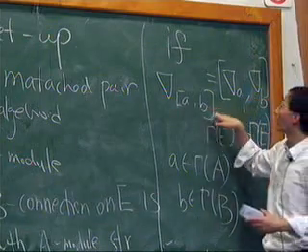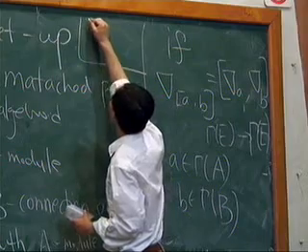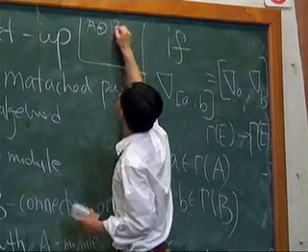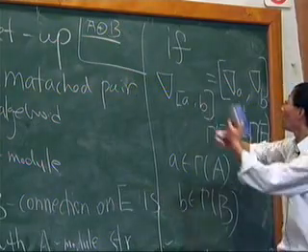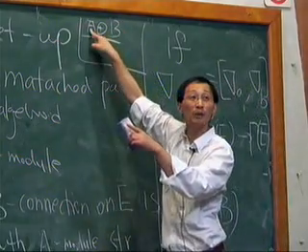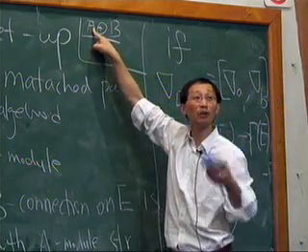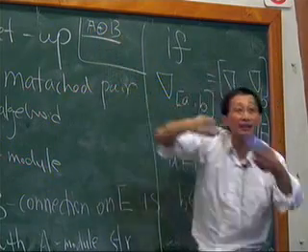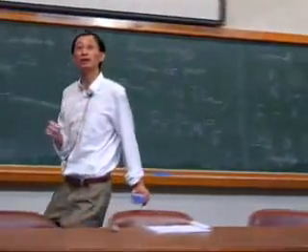On the left-hand side I'm using a simple notation: on A plus B you have a bracket because of the matching pair, and then you split into two terms. The covariant derivative on the A part will be just the module structure, and on B it is the connection. That's the meaning.